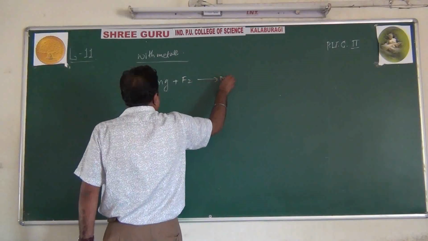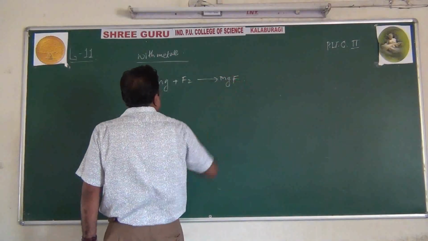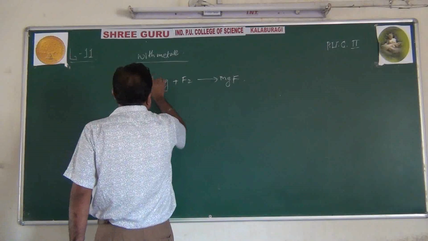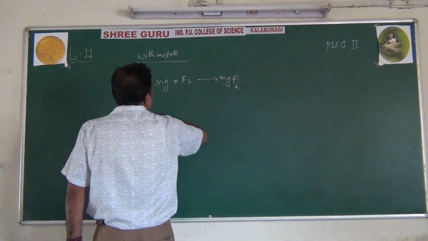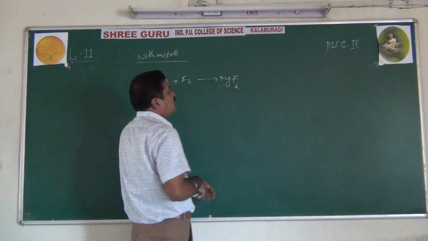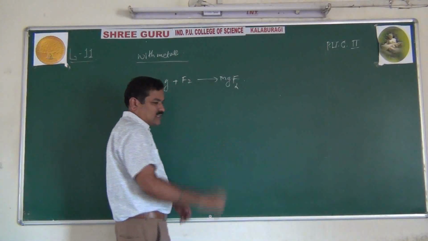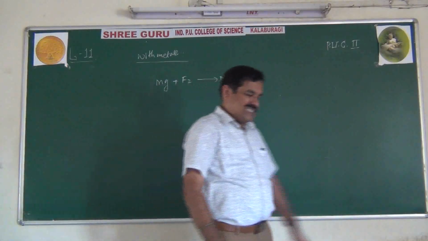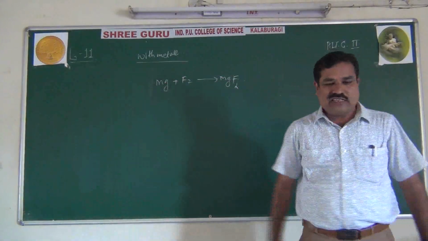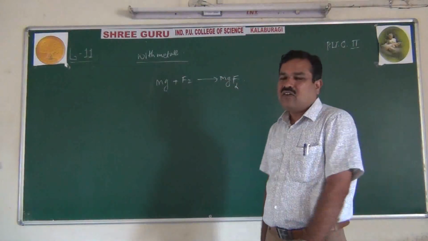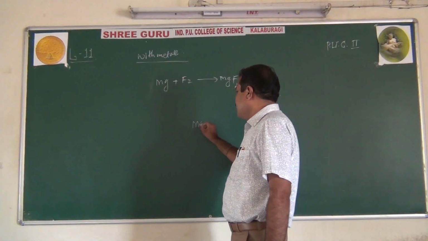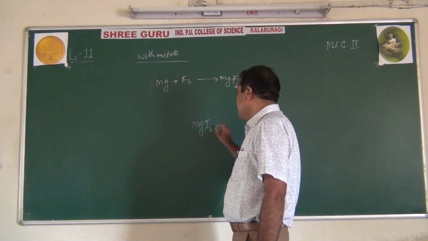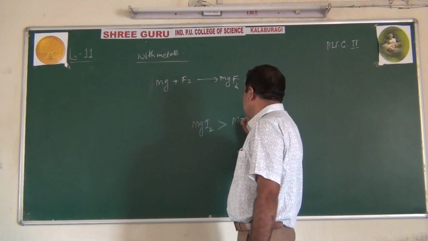For example, magnesium fluoride, MgF2, magnesium chloride, aluminum chloride, magnesium iodide. Like this, if the size of the anion increases, covalent character increases according to Fajan's rule. That means MgI2 is more covalent than MgF2.